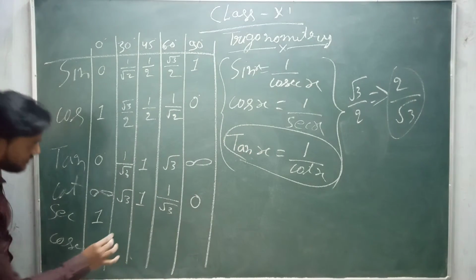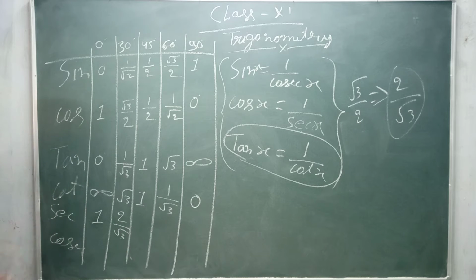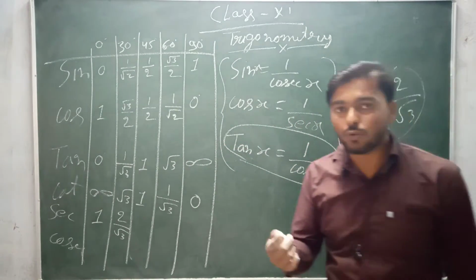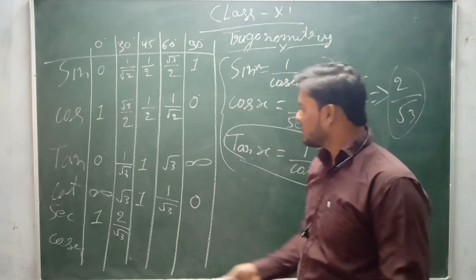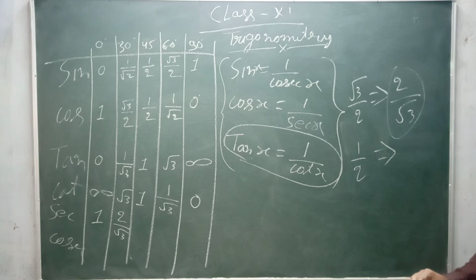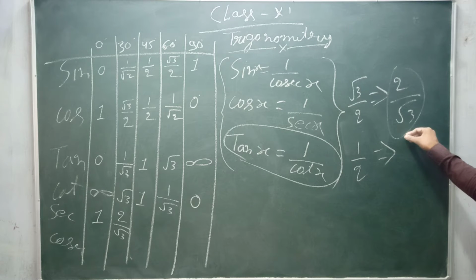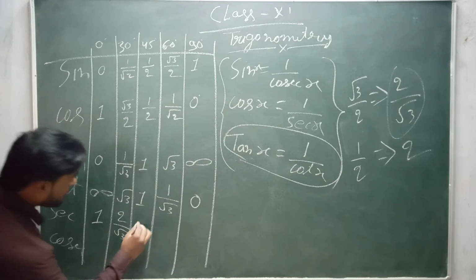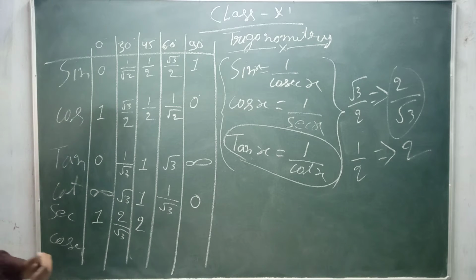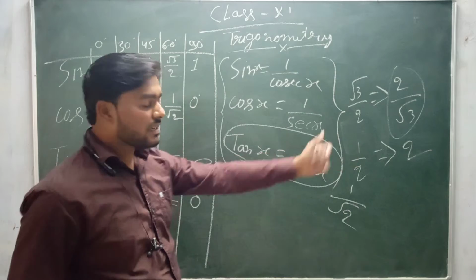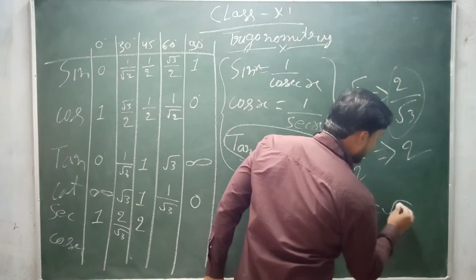Is there any problem? Cos 45 is 1 by root 2, reciprocated it will be root 2. Denominator goes to numerator and numerator goes to denominator. Now cos 60 is 1 by 2, reciprocated it is 2.